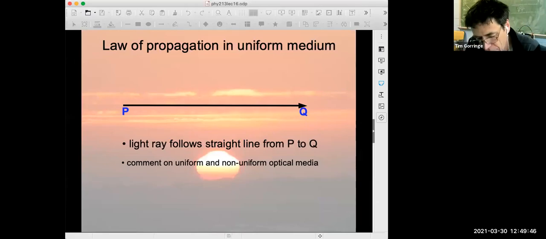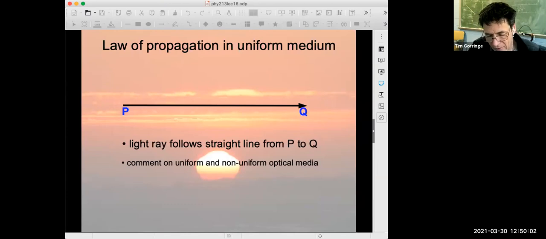Okay, so the first rule that we're going to discuss of light, we're going to discuss propagation, reflection, refraction. The first rule for the propagation of light is a really very simple rule.